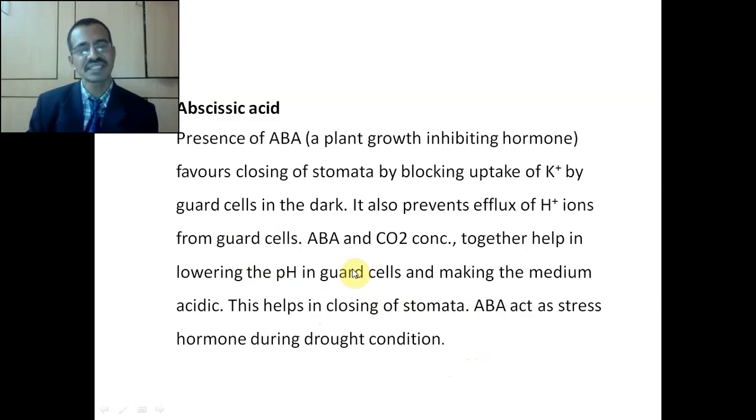During the water stress, abscisic acid, also abbreviated as ABA, reaches the leaves and it prevents the uptake of the potassium ions into the guard cells and it induces the closure of the stomata. So that is the role of the abscisic acid. Potassium ions promote the opening of the stomata and abscisic acid promotes the closure of the stomata.